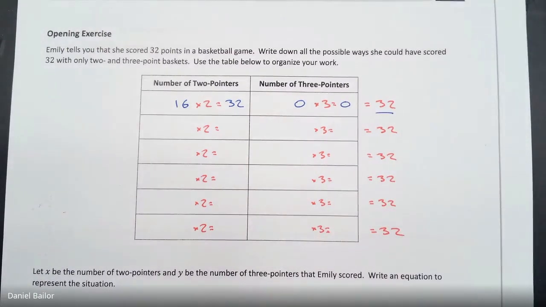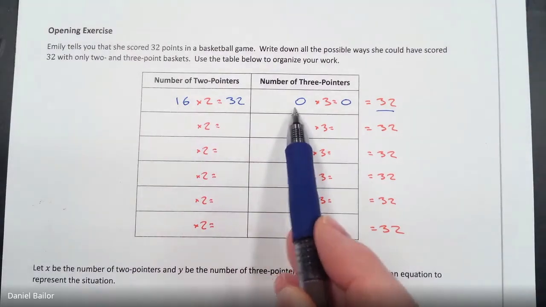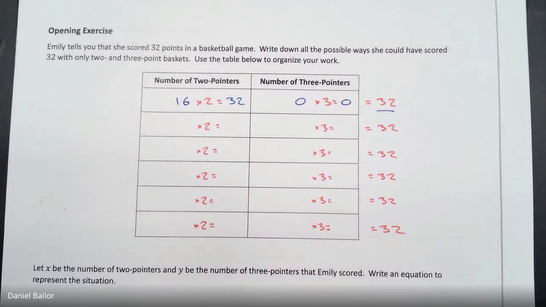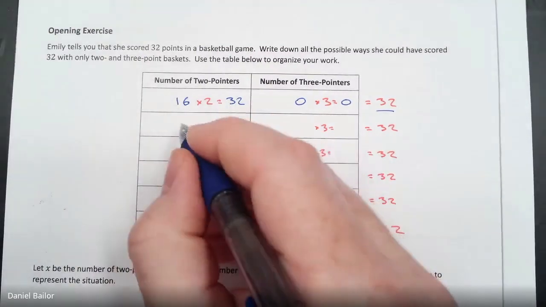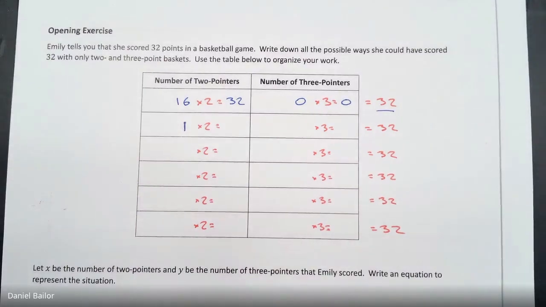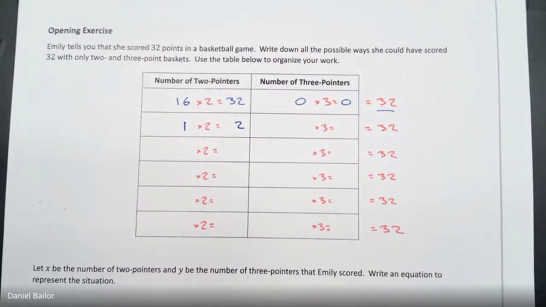So you see how that works. Her 2-pointers and her 3-pointers together have to equal her total points. Let's say she makes 1 2-pointer. Well, 1 2-pointer times 2 points means she gets 2 points.